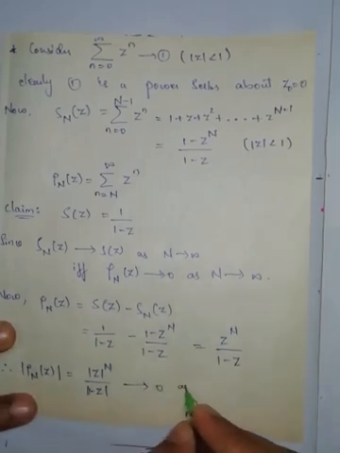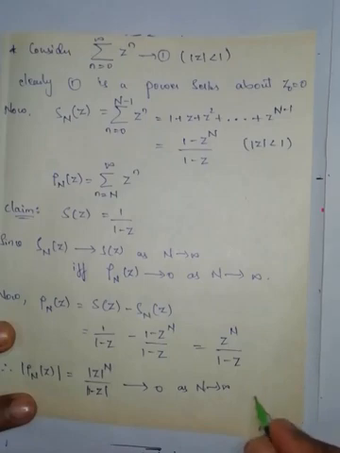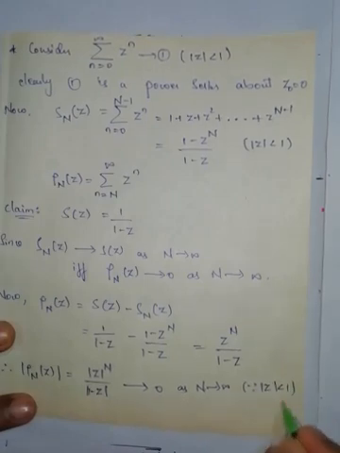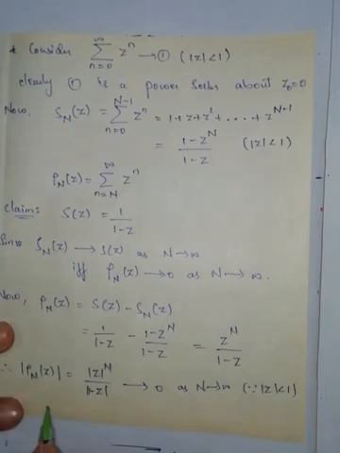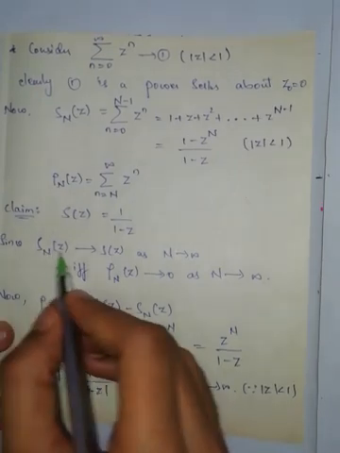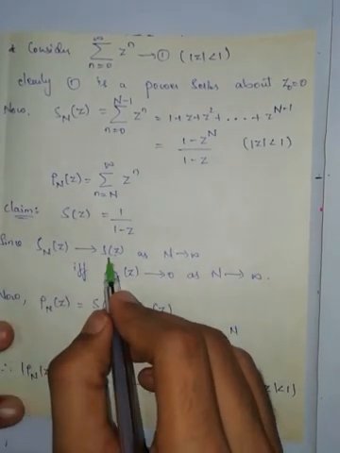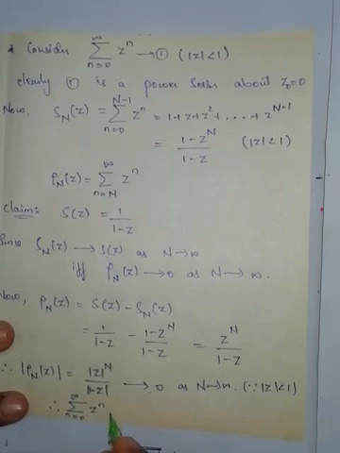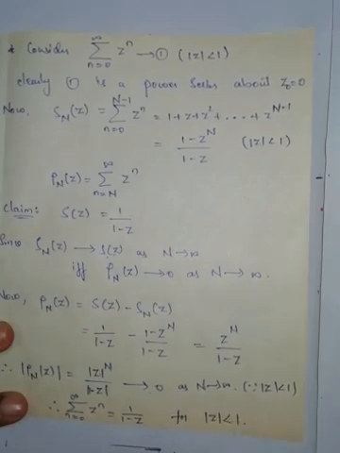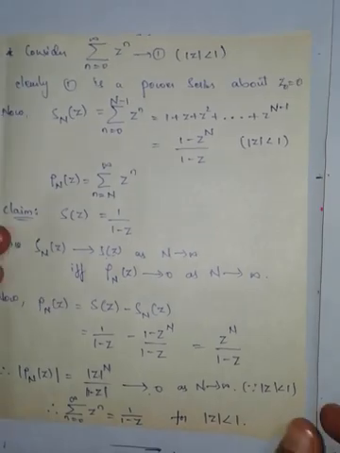This tends to 0 as n tends to infinity. Why? Since modulus of z is less than 1, as n tends to infinity this value becomes 0. Therefore rho_n tends to 0 as n tends to infinity. Therefore S_n of z tends to S of z. If this tends to S of z, then we say that the series summation n is equal to 0 to infinity z to the power of n is equal to 1 by 1 minus z for modulus of z less than 1.